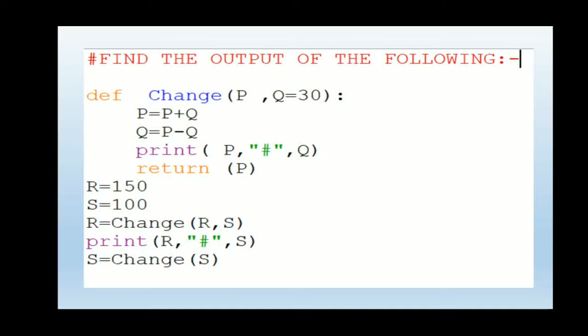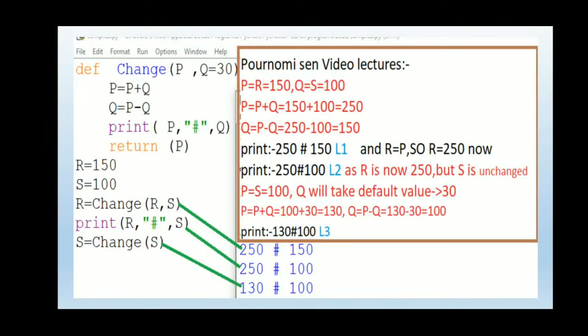So we'll solve it in the next slide step by step. On the left hand side, as you can see, the question is given, and on the right hand side the explanation is given. So let's start from the first line.